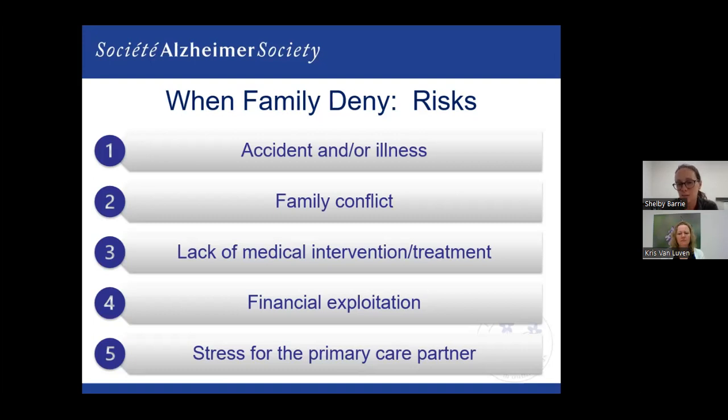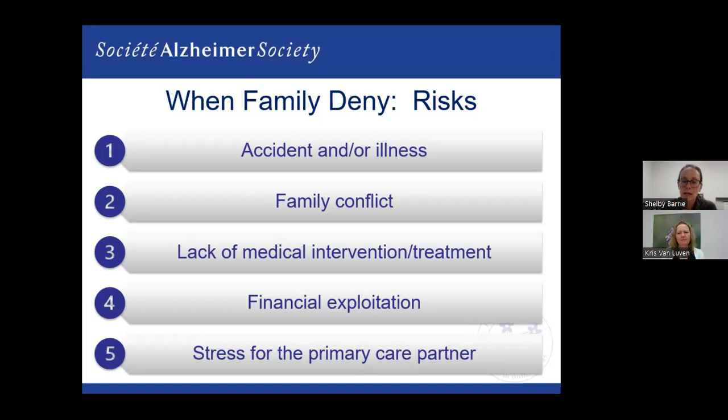So they may start to make more risky decisions that are out of character for them. And here there's also the potential for close family members and friends to take advantage of the person living with dementia as well. So, we need to make sure that the person is well supported in this area.